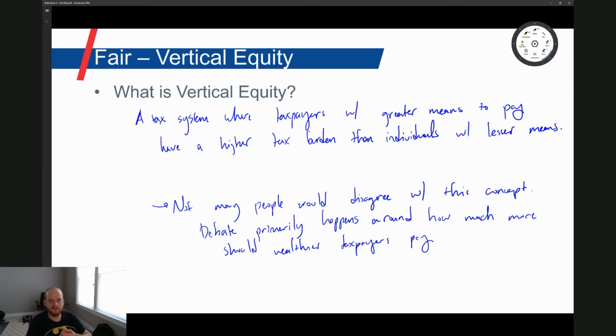The question is, how much more should the wealthy taxpayers pay? Is 37% enough, for instance? Should they pay 50%? Or is 10% low enough for the lowest earners? Should they pay 5%? So we have these two concepts of equity that are just trying to create a fair tax system, right?